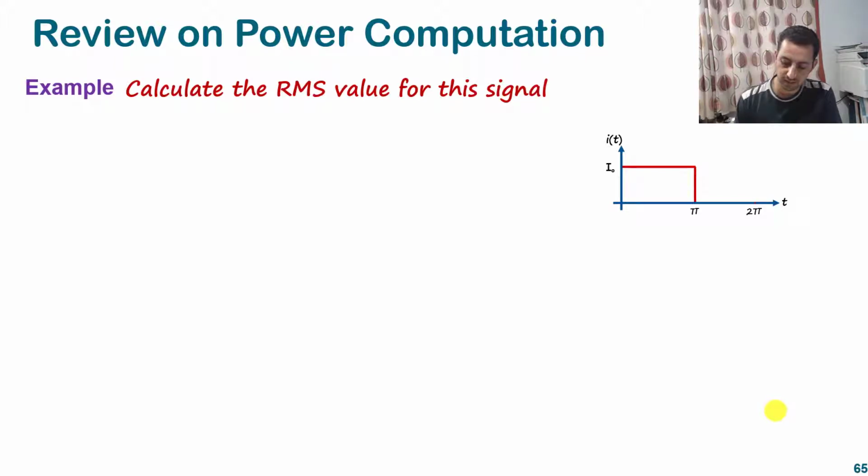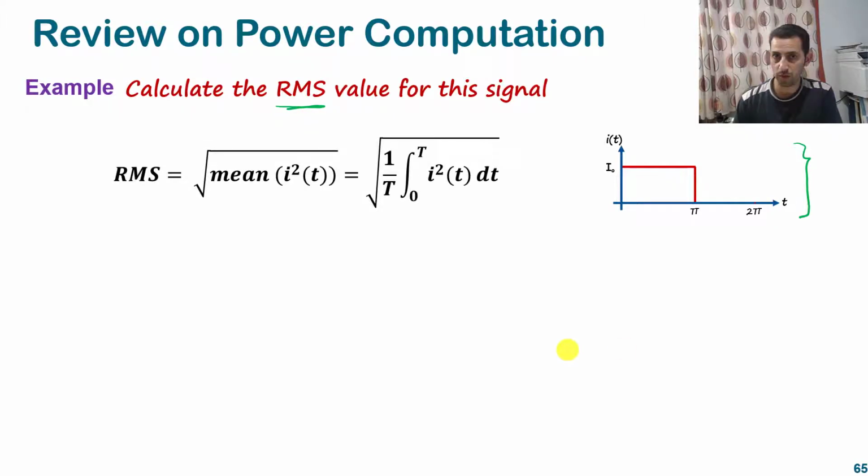We have this signal here, and for that signal we want the RMS value. Again, the RMS value is the root mean square, so we can start with the equation: root, mean, square. If we want to deal with this signal and get the root and mean, I have to square it first.